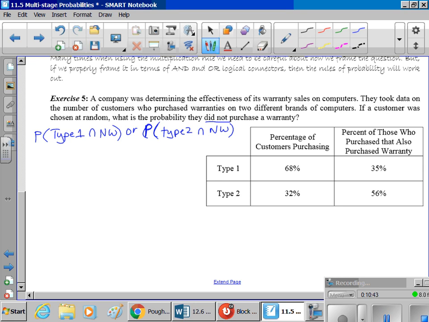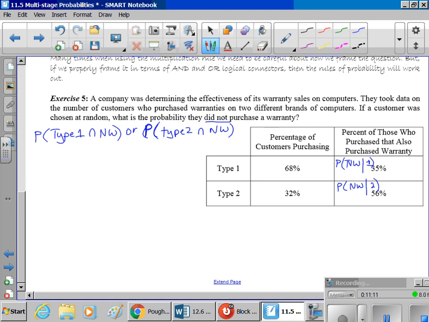Now this is where we're going to be using our information, because remember, this is the probability of no warranty given type 1 computer. And this is the probability of no warranty given type 2 computer.